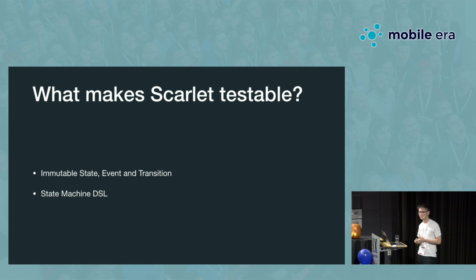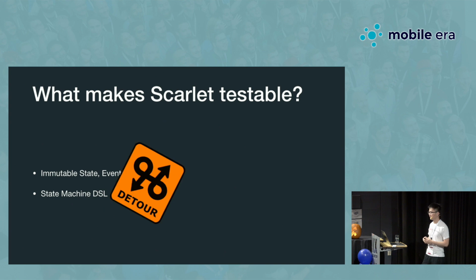Scarlet is testable because it's driven by a state machine with immutable states. We actually wrote a Kotlin DSL for writing declarative state machines, which is available as a separate library. Let's take a quick detour to see a simple usage of this DSL.